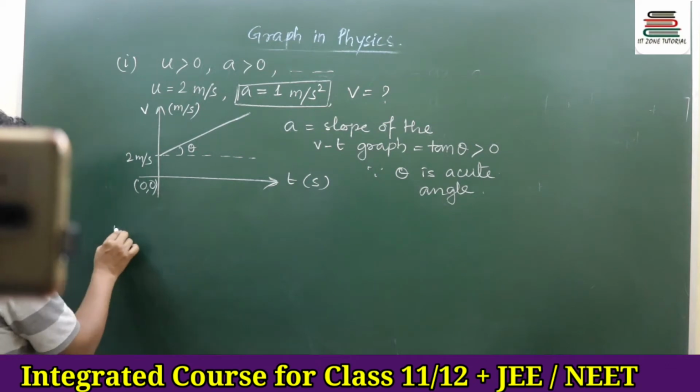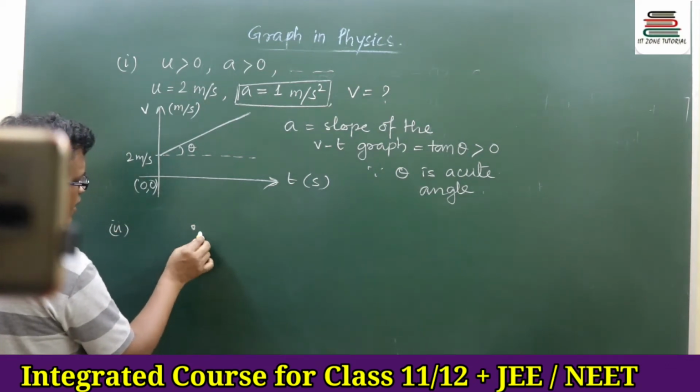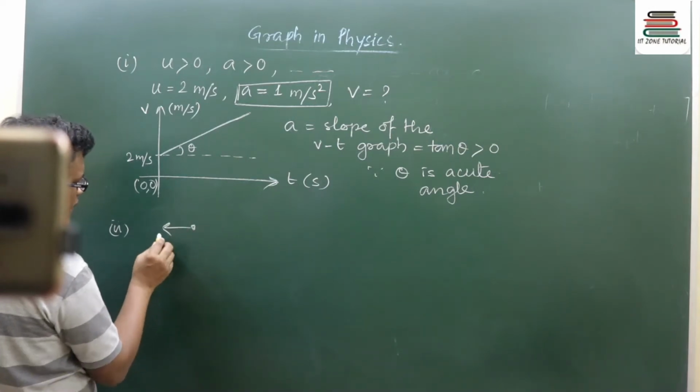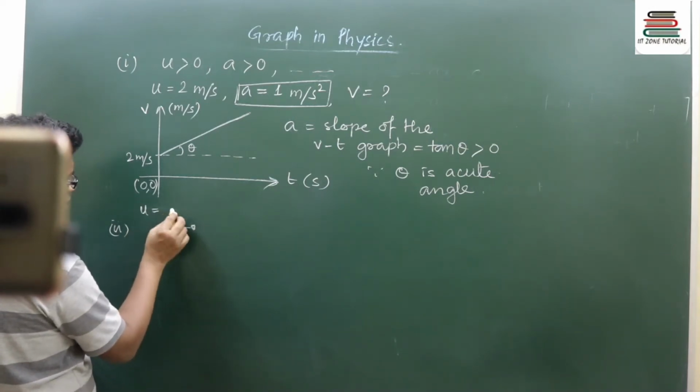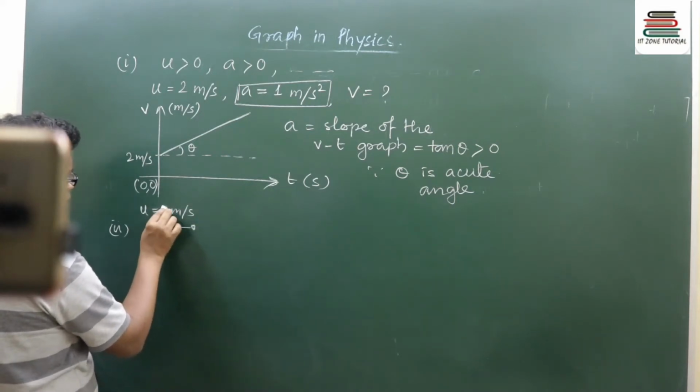Suppose the second situation says that a particle is initially having an initial velocity in this direction, for example 2 meter per second.